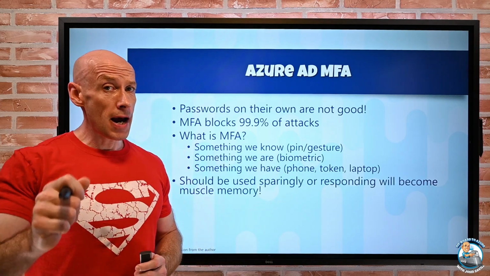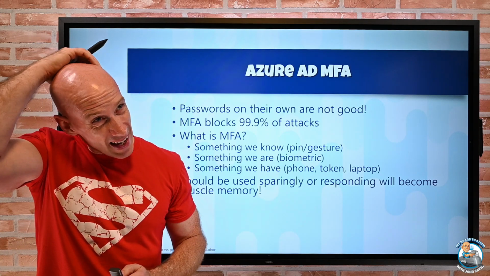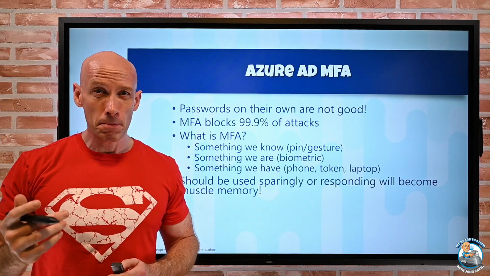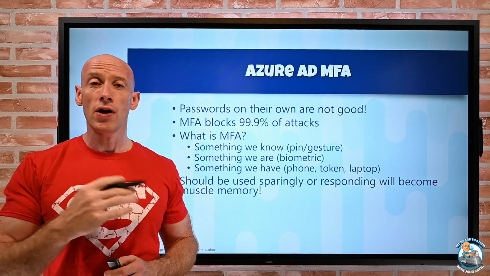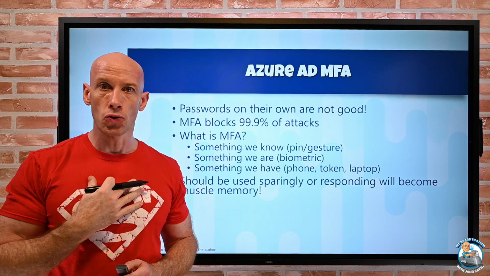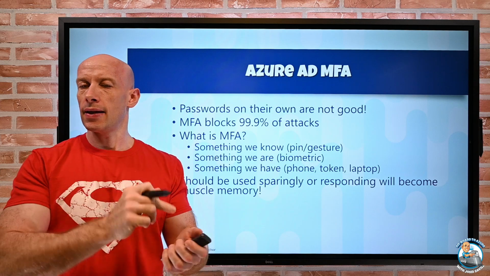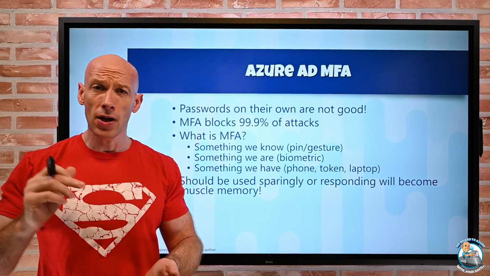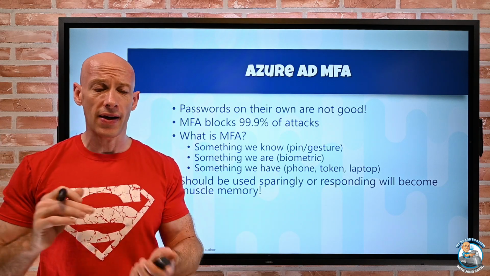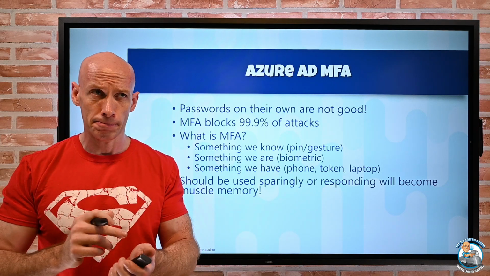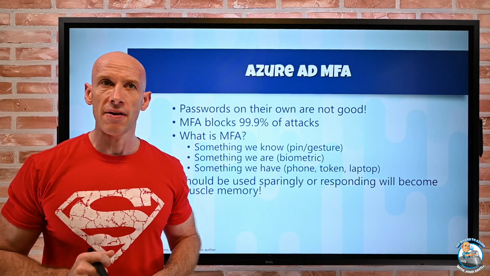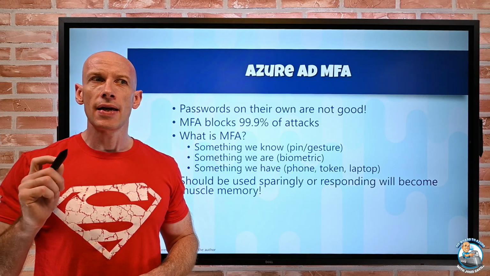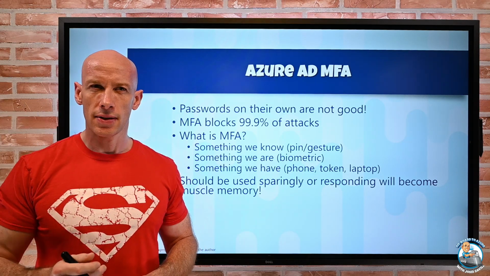We want to use this sparingly though, so we need to be intelligent. If we require MFA every time we try and do anything, we get muscle memory. Oh, I did something, click, yes it was me, yes it was me, yes it was me. So if even a bad person is doing something, we see a prompt for MFA, oh yeah, it's probably me, click yes. I want MFA if there's some heightened detection of risk.